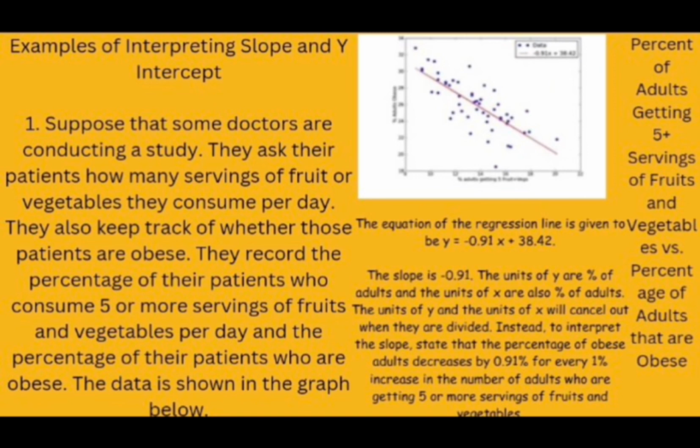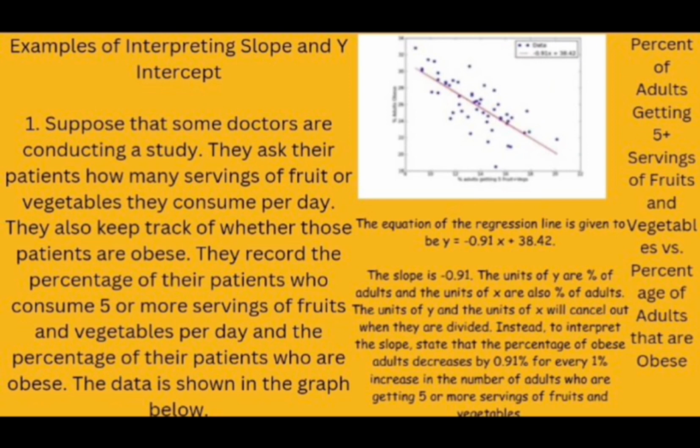Percent of adults getting 5 plus servings of fruits and vegetables versus percentage of adults that are obese. The equation of the regression line is given by y equals negative 0.91x plus 38.42. The slope is negative 0.91.